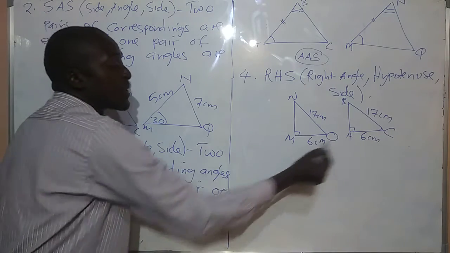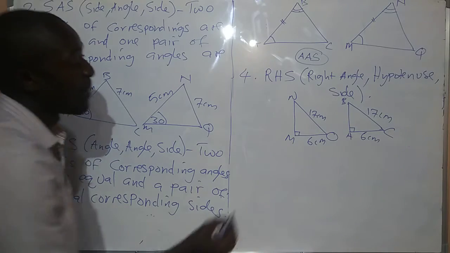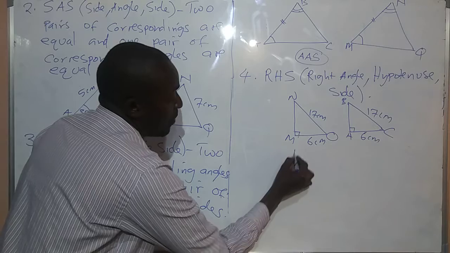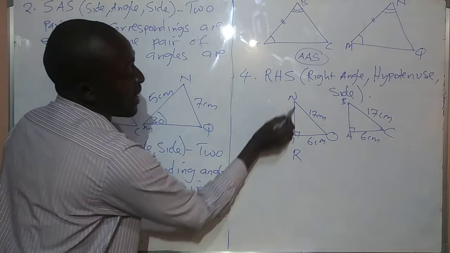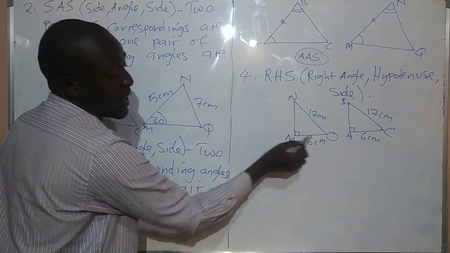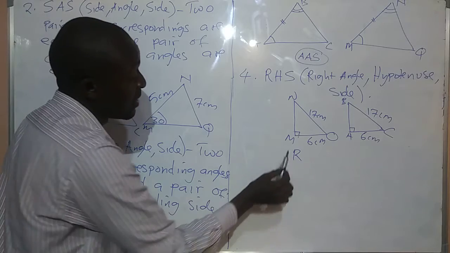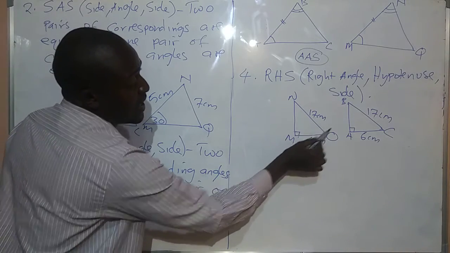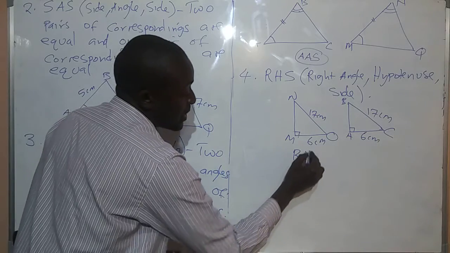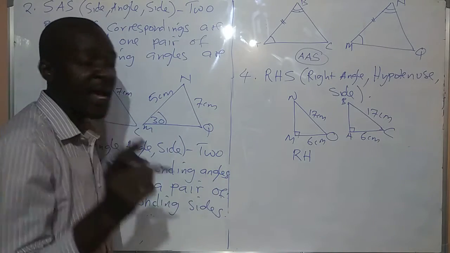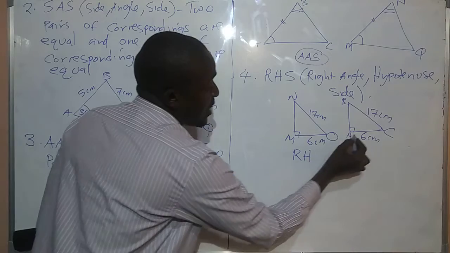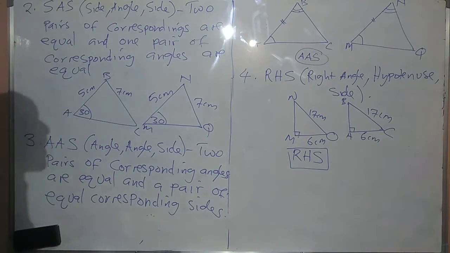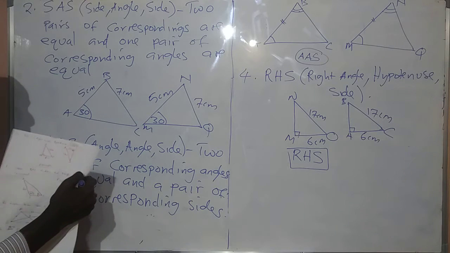These two triangles are congruent because of number one, there is this right angle here, the 90 degrees here, right angle, and then the hypotenuse is the same. Hypotenuse, remember the hypotenuse in Pythagoras theorem, the side which is opposite to the 90 degrees. So you have 17 here, you have 17 there. So the hypotenuse is the same. And then another side also here, you have 6 here, you have 6, another side here. So this is the condition that has been fulfilled, and therefore these are congruent.